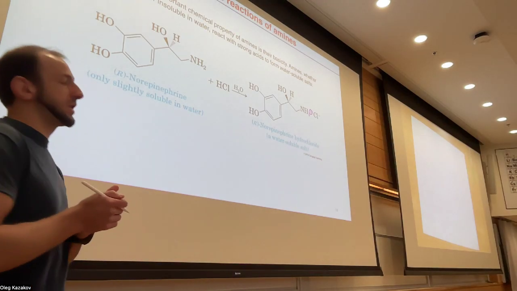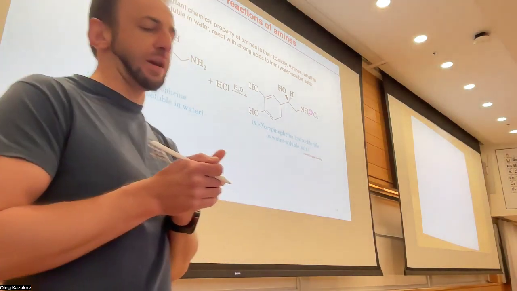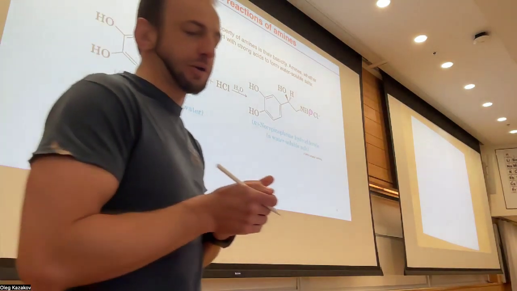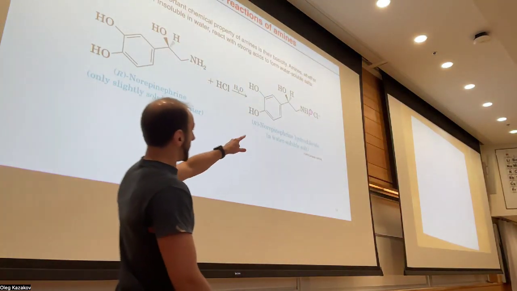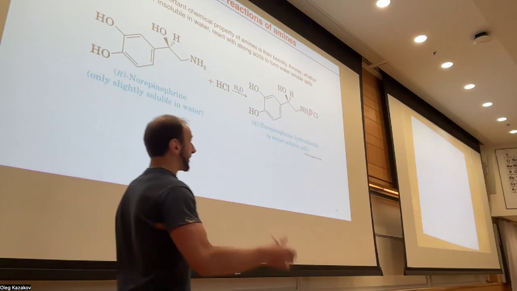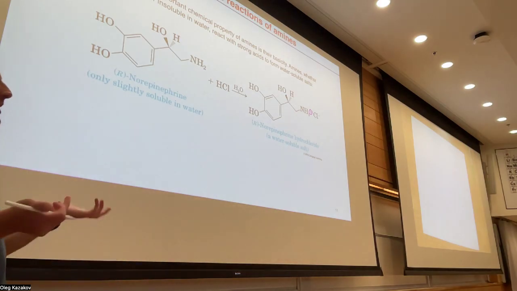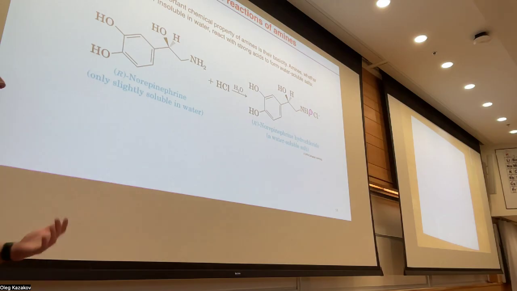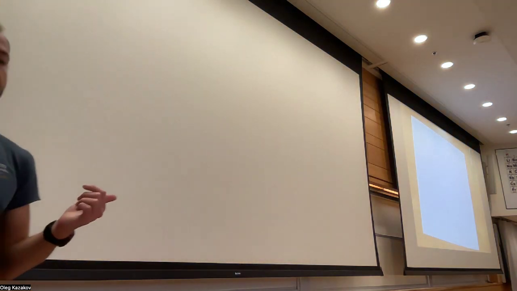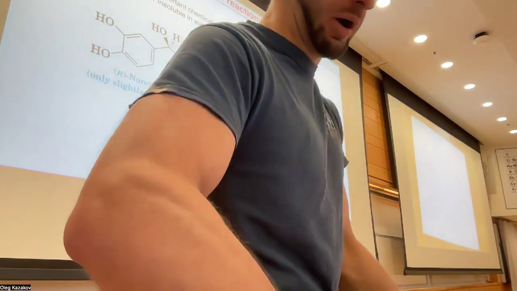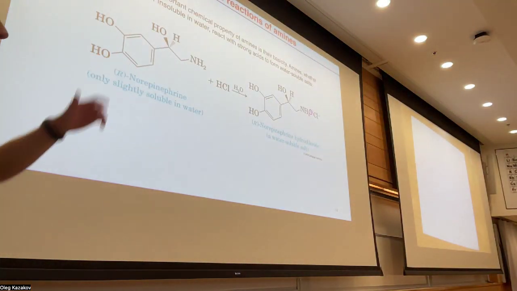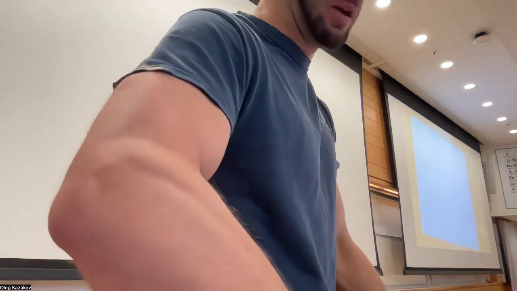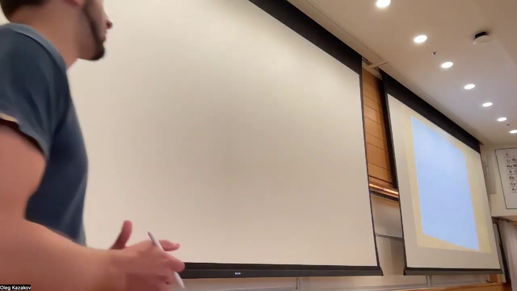Since you also have the formation of the Cl minus anion, you are going to form a salt, right? Imagine sodium chloride, for example: there is Na plus and Cl minus. Same here, you are going to have Cl minus as your anion, and then you also have the nitrogen with a positive charge. So that's going to be an organic salt, derived from amines.